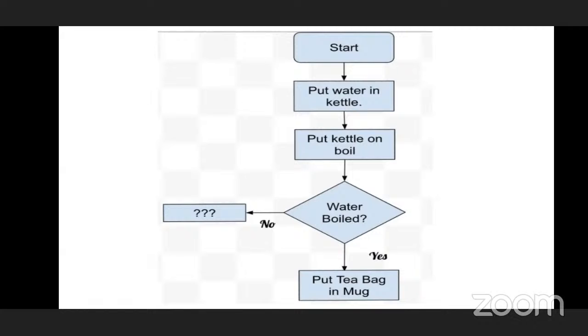Start, put water in a kettle, put the kettle on to boil, let the water boil, and put a tea bag in a mug. So that's how tea is prepared, and the steps of making tea are represented using nonverbal data in a flowchart. This is one of the ways of communicating information, and this is what a flowchart looks like.